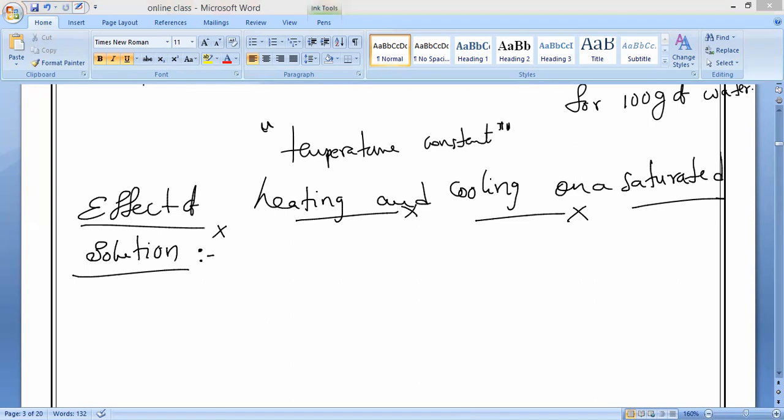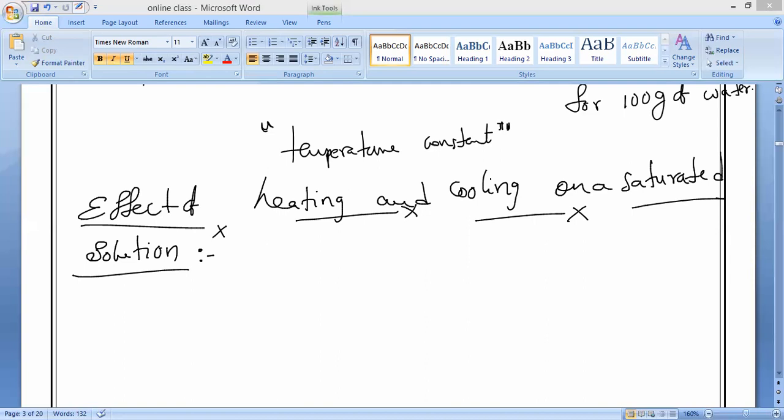If a saturated solution at a particular temperature is heated to a higher temperature, then it can dissolve more salt, so the saturated solution turns into what?